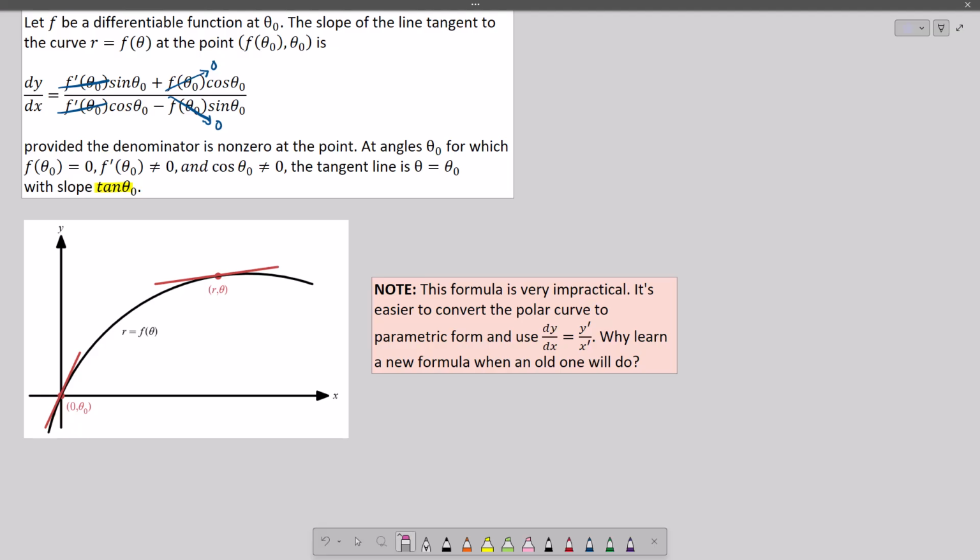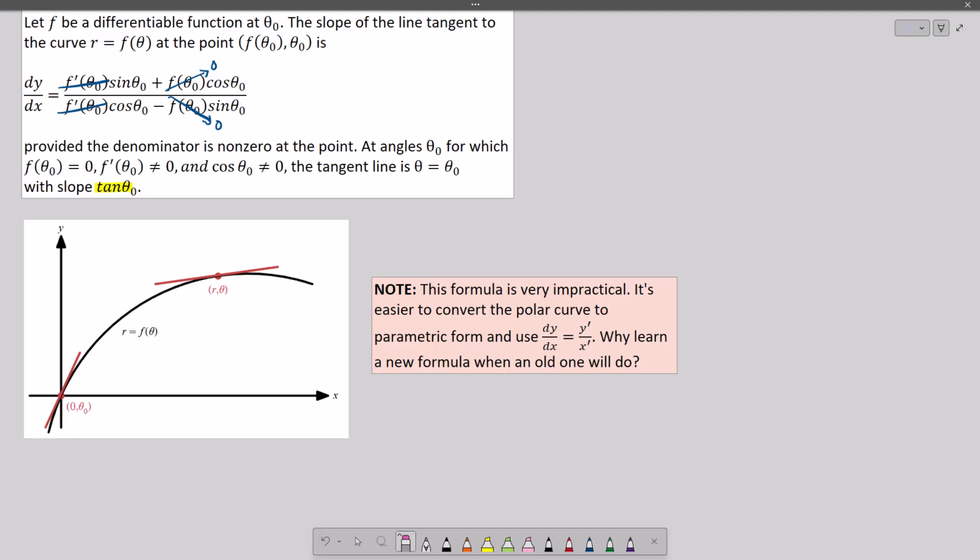You don't have to introduce a new letter, but they always like to. Then the function value is 0 for both these, so those two terms are gone. Both of these terms have an f prime of theta 0, so those just cancel out, and you're left with sine over cosine of the same angle, which is tangent of the angle. So if you have a curve that goes through the origin, the slope of the tangent right there is just tangent of theta 0.